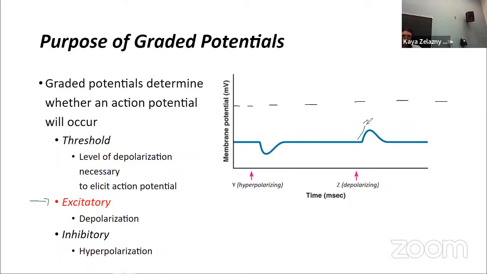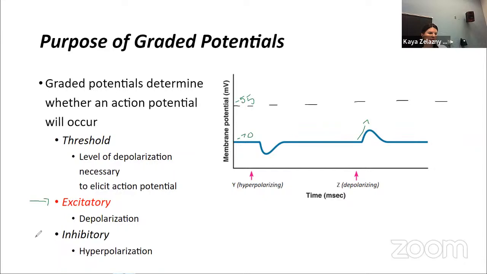So our excitatory charges move us up towards our threshold of -55 from our resting membrane potential of -70. So excitatory potentials are going to depolarize the cell. Depolarization was one of those other vocab terms we got to right at the end of Friday. When we depolarize, we're making the cell less negative, we're going up. So these two things should be linked in your mind. Exciting the cell, we're depolarizing it, we're getting it closer to this threshold.